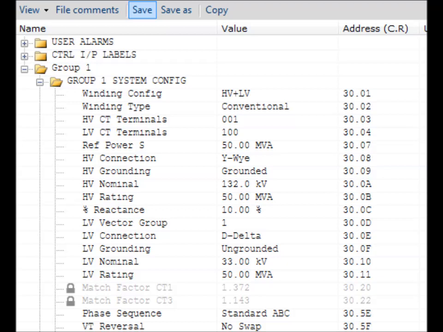HV connection is Y type, HV grounding is grounded, HV nominal voltage is 132 kV, HV rating is 50 MVA, percentage reactance is 10%, LV vector group is 1, that is, it is YD1 type, LV connection is delta, LV nominal voltage is 33 kV, LV rating is 50 MVA.